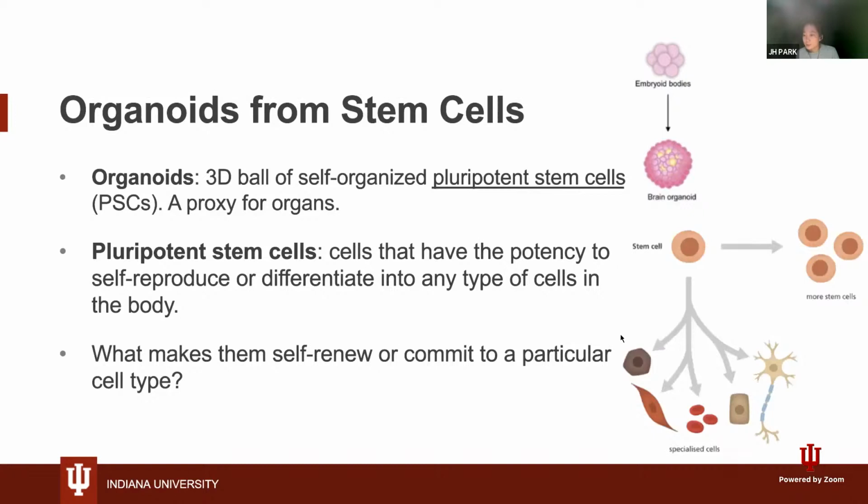So what is the pluripotent stem cell that we model? They are cells that have the potency to self-renew, like here, or differentiate into any type of cell in the body, at the bottom. Then the question is, what makes them self-renew or commit to a particular cell type? Or what defines their cell fate?